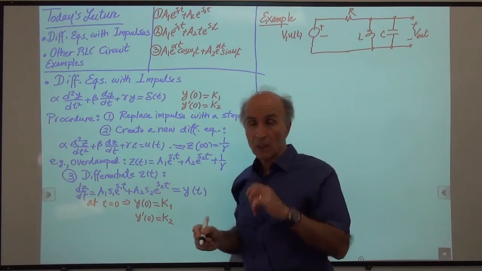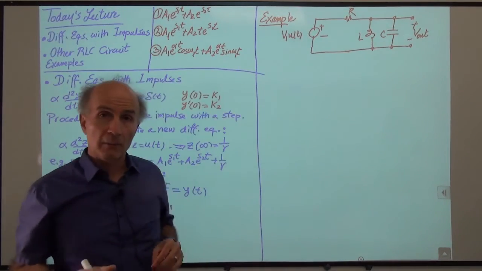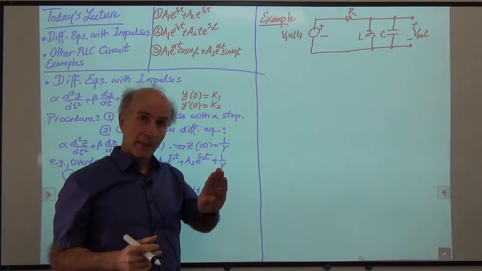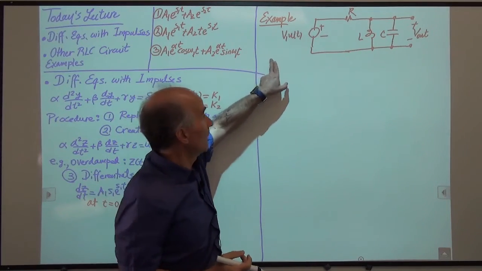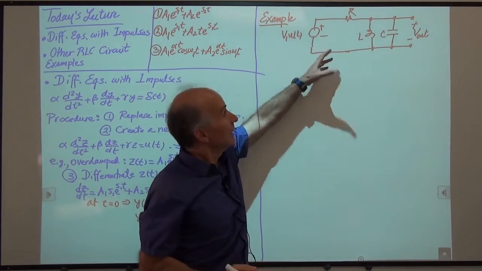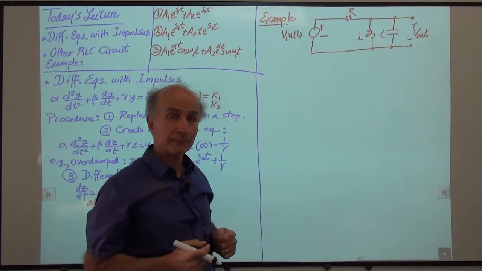Okay? All right, and then our assumption is that the inductor and the capacitor have zero initial conditions. So we just apply a step here, it jumps from 0 to V1, and then drives the circuit.